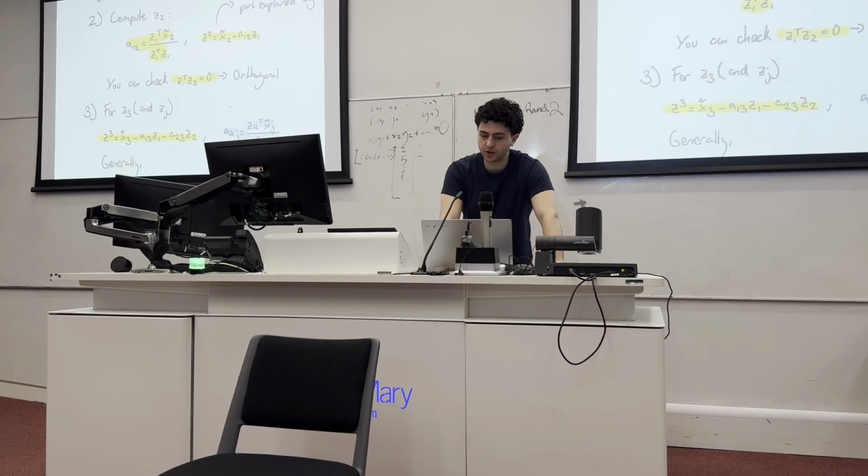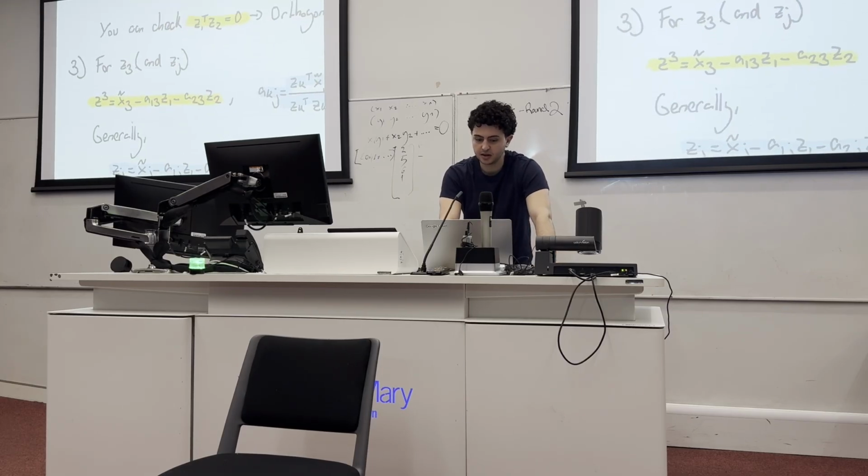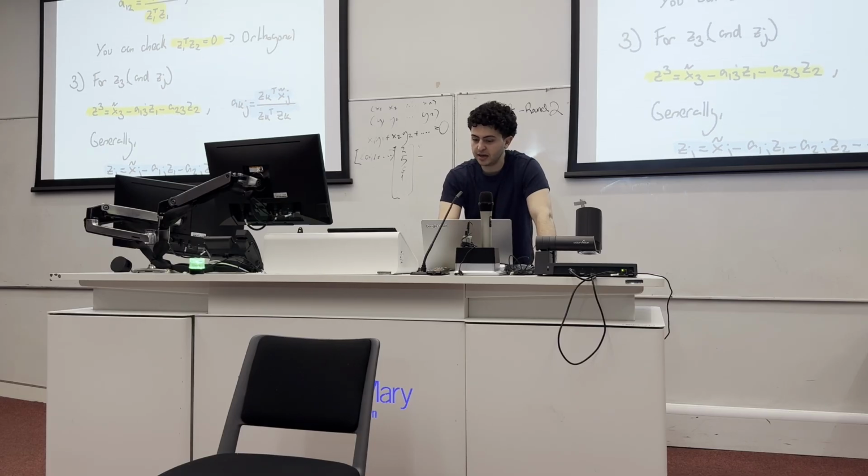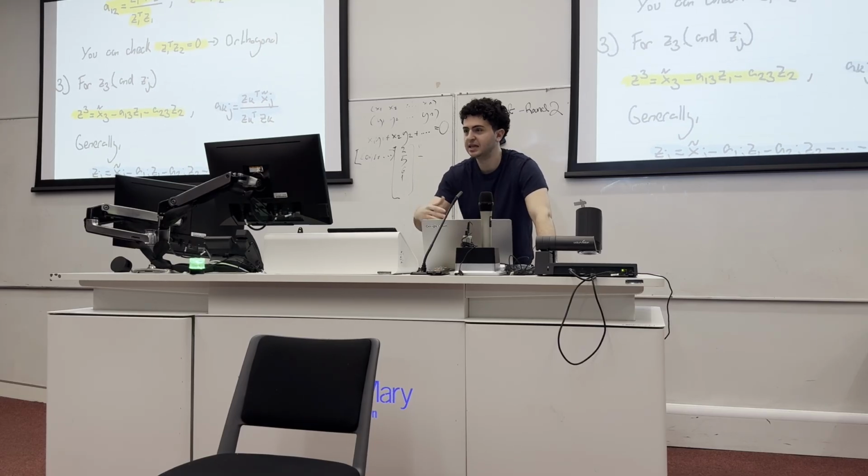Okay, now let's say we want to compute z3, right? So we take the third column. This now can be the square feet of the house, right? All of the observations. And we are going to subtract a13, where all the a_kj's can be computed like this, right? Times z1 minus a23 times z2, right?